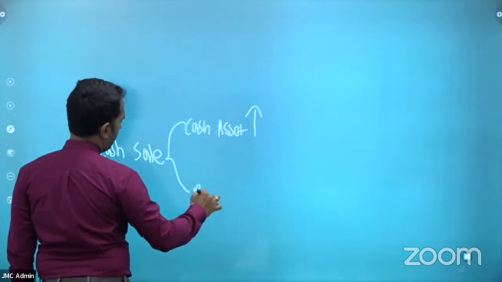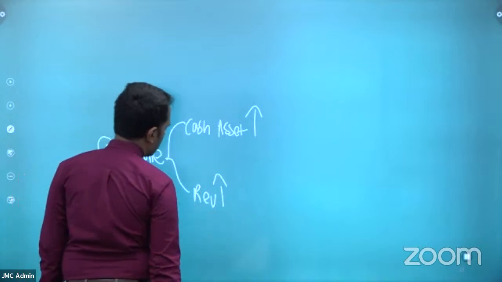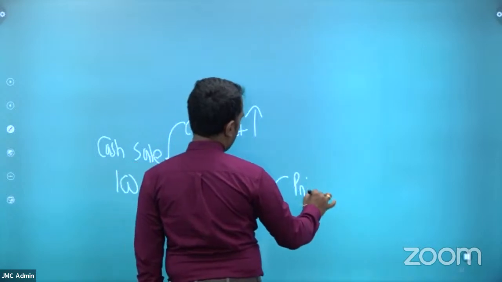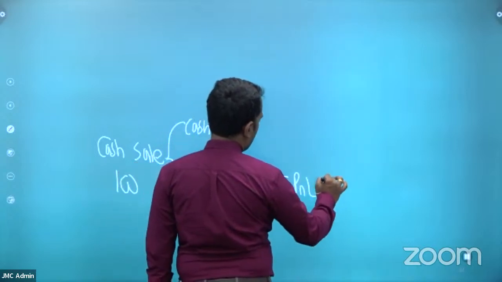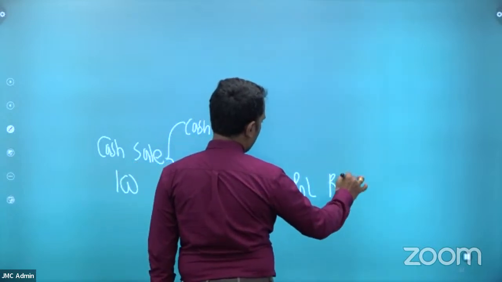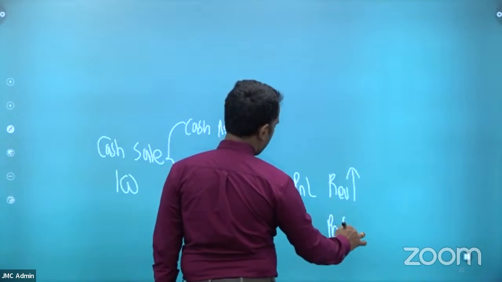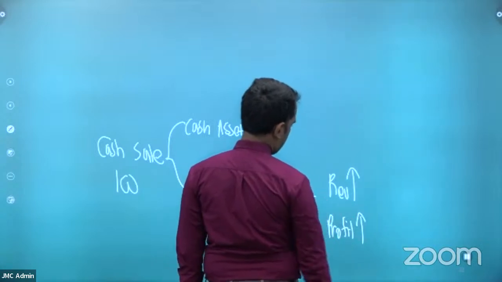On the other side, my revenue goes up. Revenue goes to my P&L, my profit or loss, and that means ultimately my profit goes up.